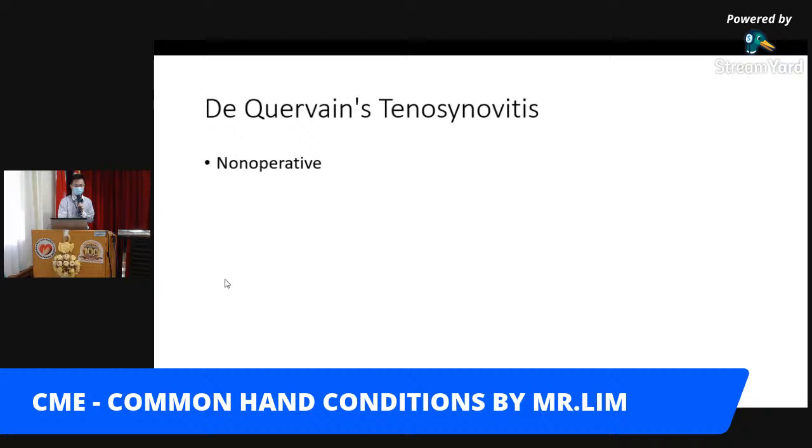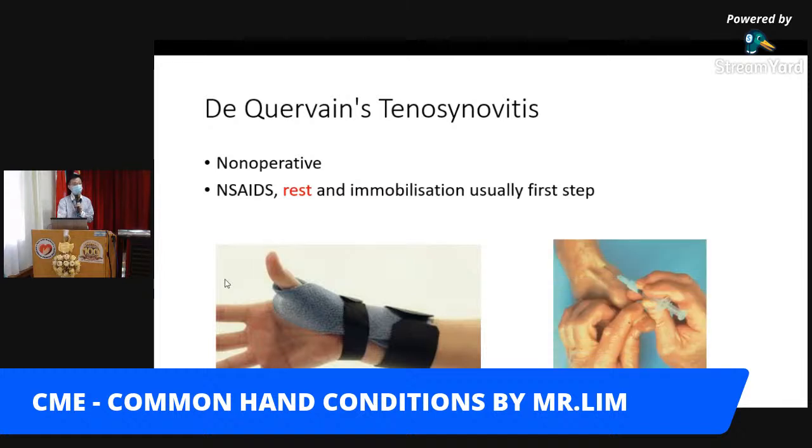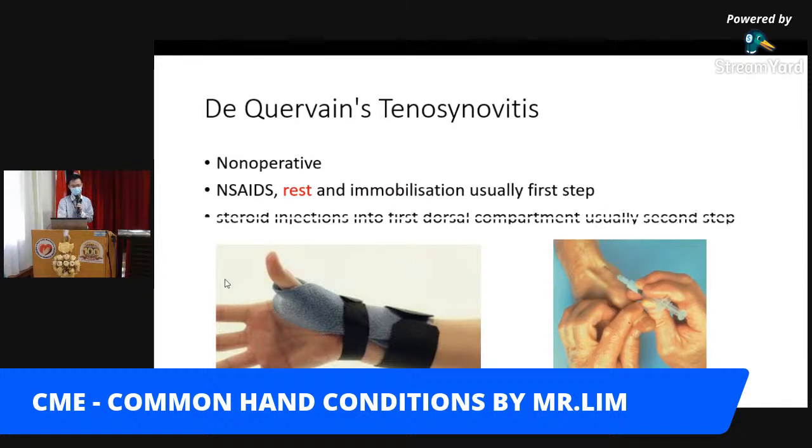How do we deal with de Quervain? We always start with non-operative treatment. Reassure the patient. Give NSAIDs if there's no contraindication, rest. This is easier said than done for mummies. Immobilization using splints of sorts.